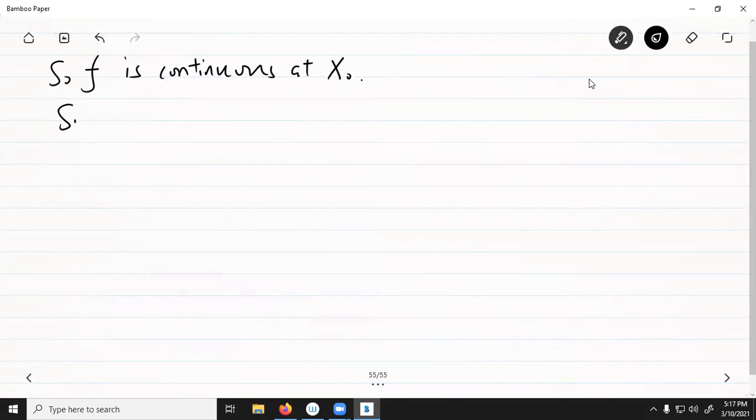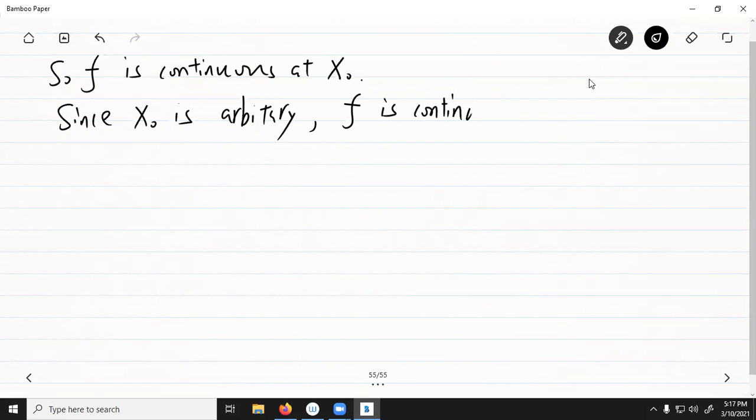However, since x naught is arbitrary, we didn't give any conditions on x naught. We just say x naught is any number in R. So since x naught is arbitrary, f is continuous at every point in R. So that means f is continuous in R.